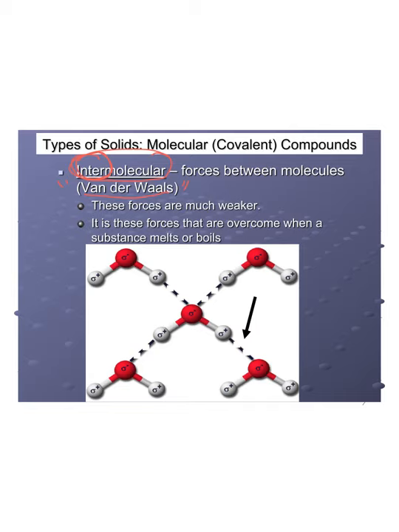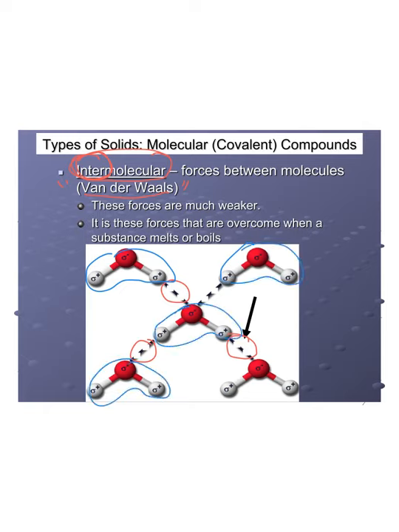So an intermolecular force is a van der Waals force, and we're going to see there are three different categories of these. I can see one right here, one right here, one right here. Sometimes it helps to recognize the molecule. This is water, this is water, this is water. So I'm looking at the various water molecules, and the force I want you to look at now is in between the different water molecules, and these are called van der Waals forces.